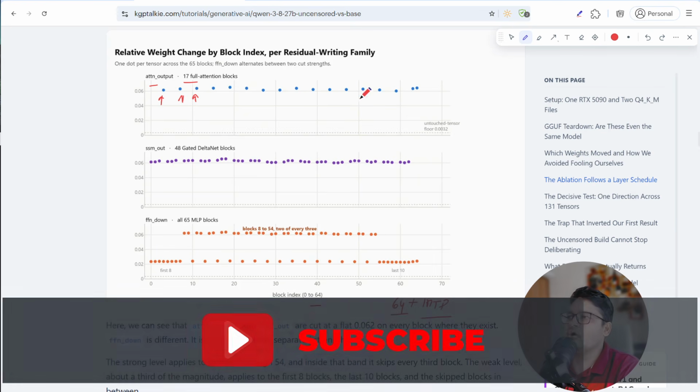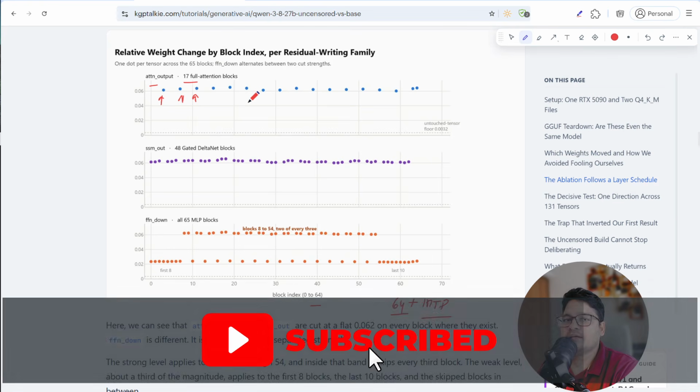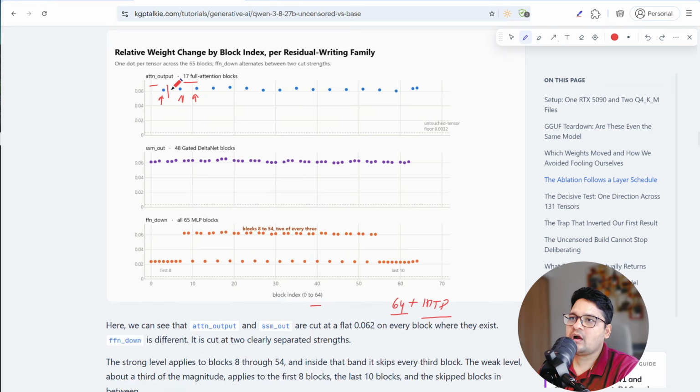Out of every four blocks, one block got modified. So in one group of 4 blocks this got modified, then in the next 4 blocks this got modified, and so on. You can clearly see this is very systematic, and there is a pattern.